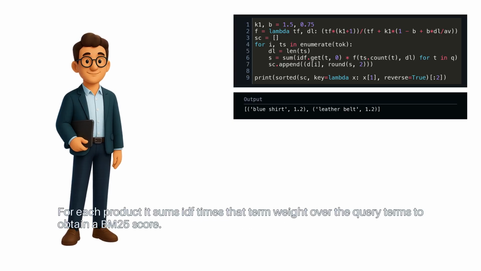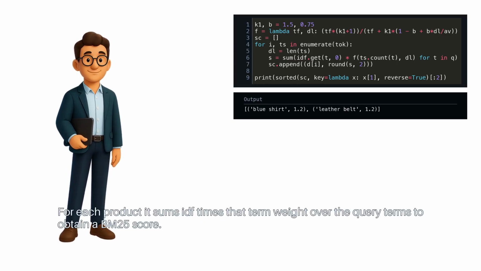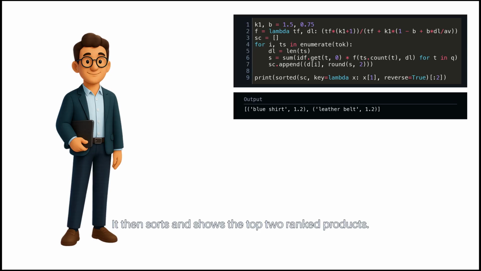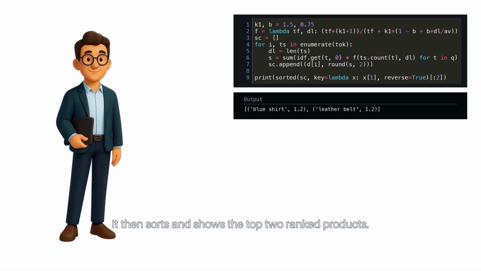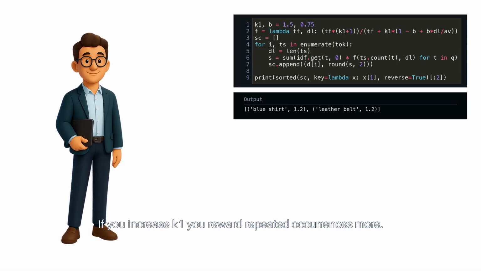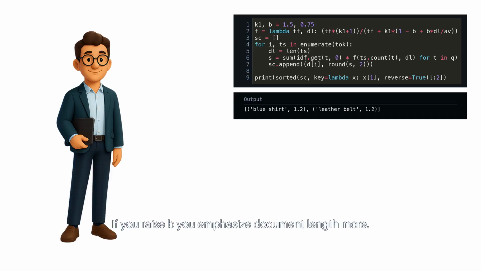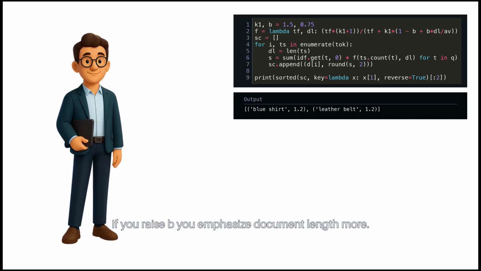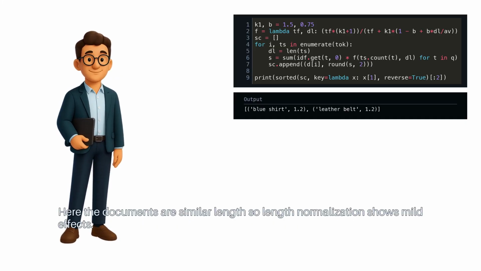For each product, it sums IDF times that term weight over the query terms to obtain a BM25 score. It then sorts and shows the top 2 ranked products. If you increase K1, you reward repeated occurrences more. If you raise B, you emphasize document length more. Here the documents are similar length, so length normalization shows mild effects.